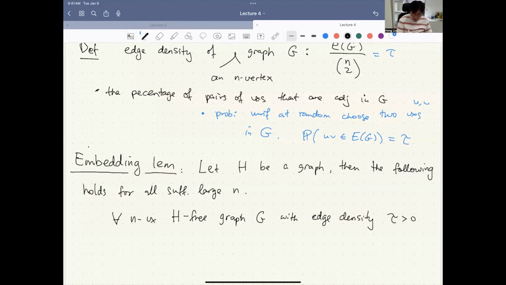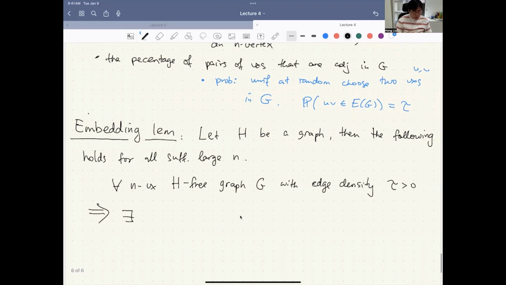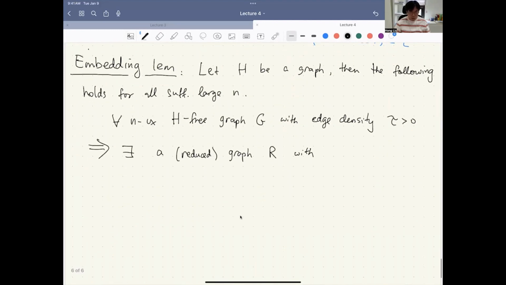there exists a graph, which actually later we call a reduced graph. But for now, not worried about this. There exists a graph R that's generated from G, somehow associated to G, with the following property.